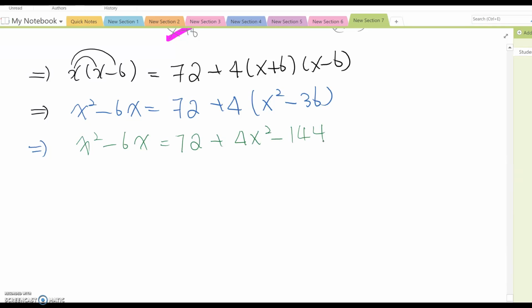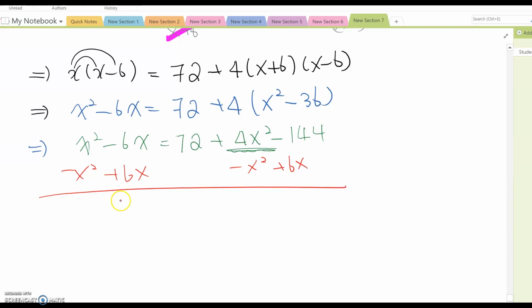Now I'm going to gather everything to the right side because the higher leading term is on the right side. So minus x squared and plus 6x. Then it becomes 3x squared minus 6x minus 72 equal to 0.